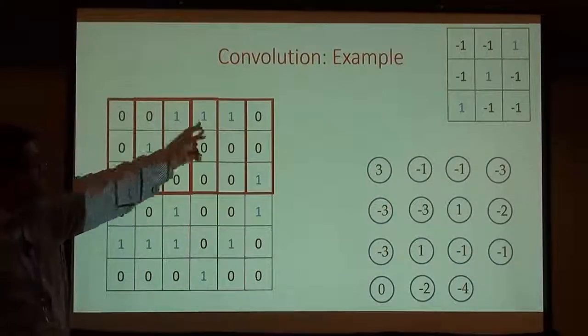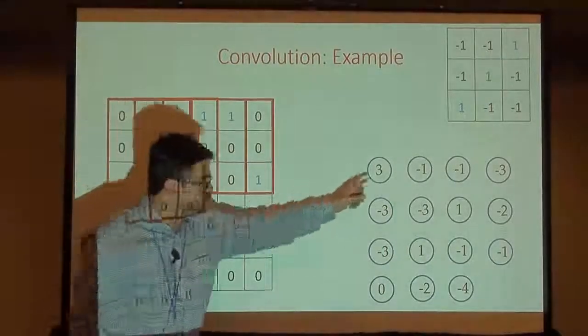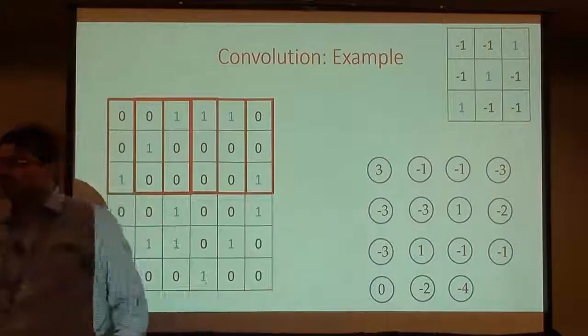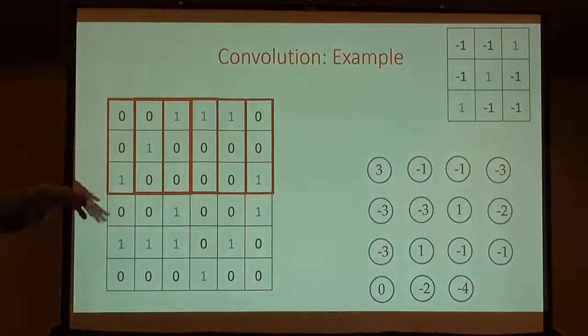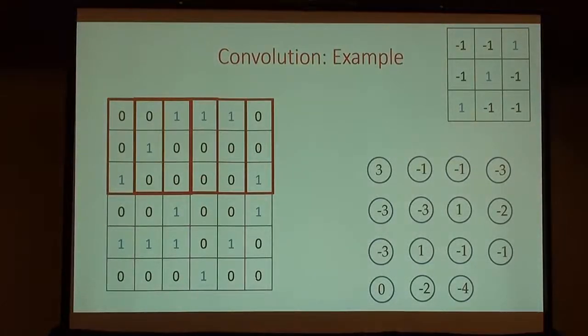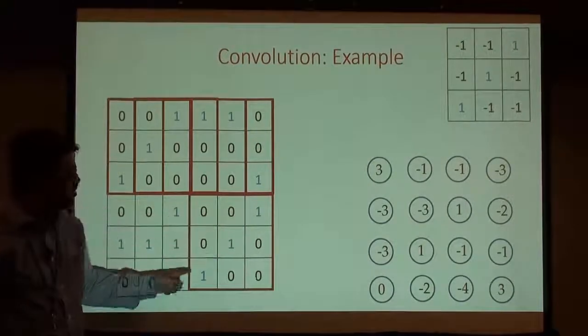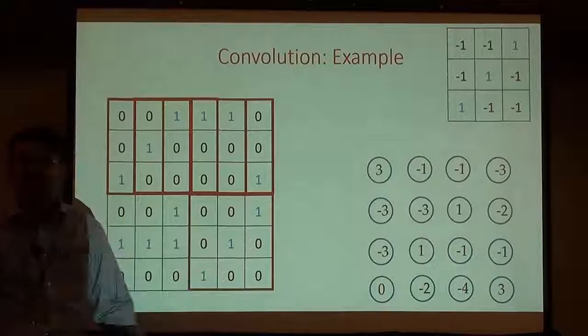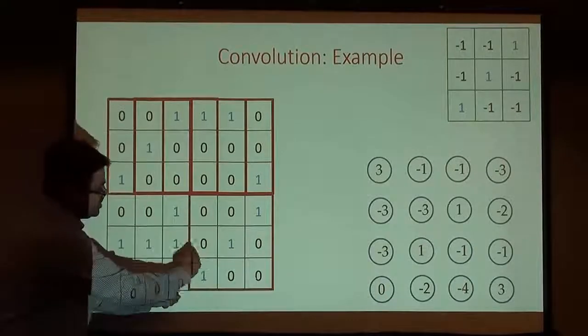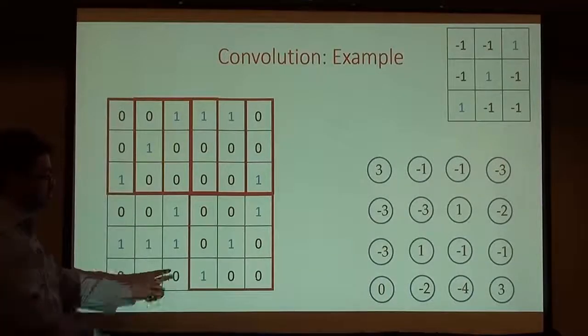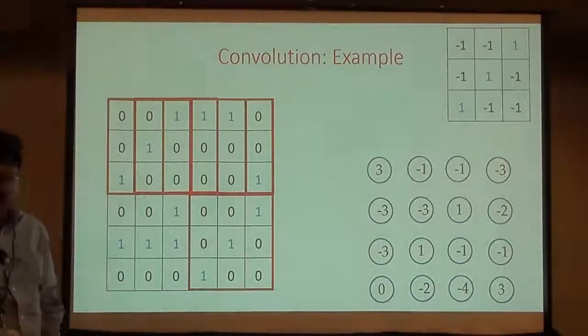So this whole 6 by 6 block now gets reduced to a 4 by 4 block because we're doing the convolutions. Instead of 36, you have 16 elements there. Okay? And again, the last one, you will see that there is this pattern, and so there is the hit. So the pattern has to be, these things have to be 0 and it has to be 1. If there is some 1 here, then that is not the pattern.